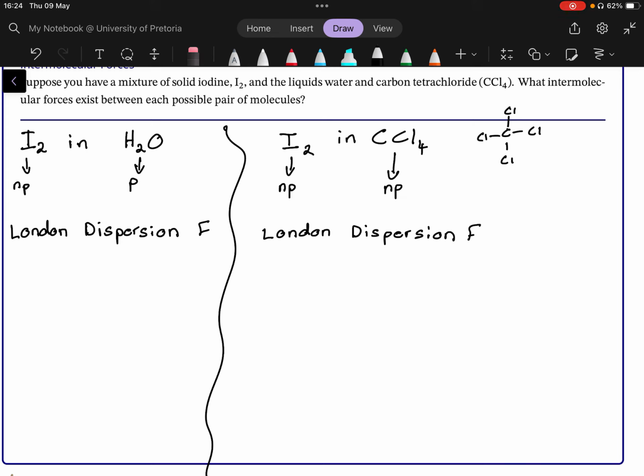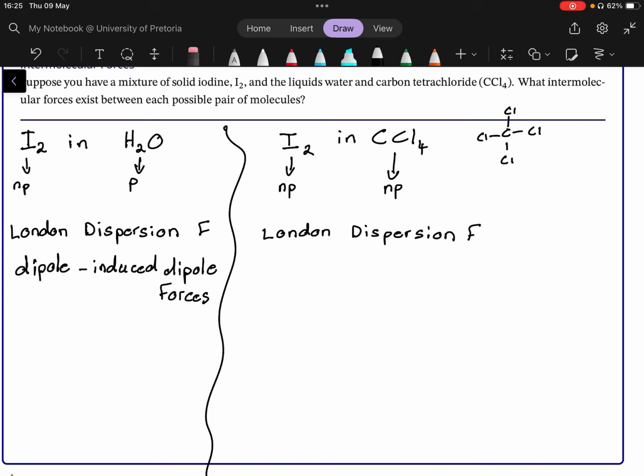This is a non-polar molecule with a polar molecule, so the polar molecule can induce a dipole. So this one can have dipole-induced dipole forces, and that's it. The other one cannot have anything else because they are non-polar molecules. Non-polar molecules cannot induce anything except induced dipole forces, which are called the London dispersion forces.